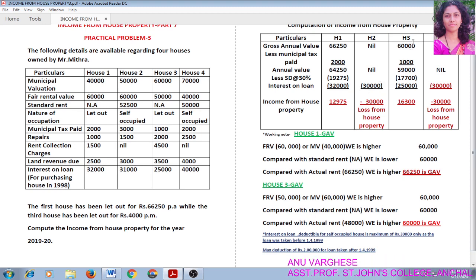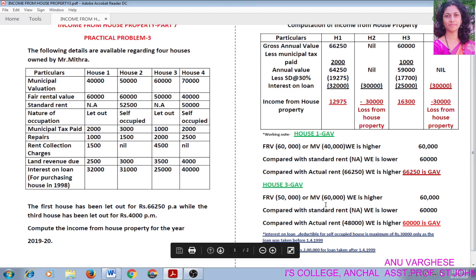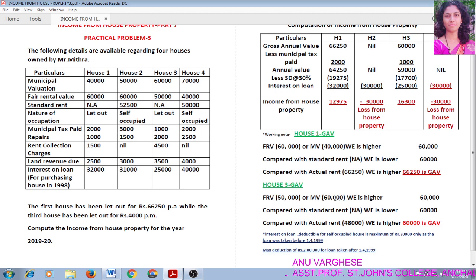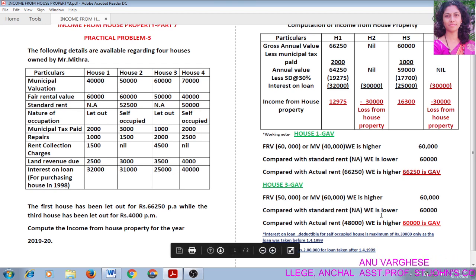Okay, now house number 3. First thing you have to write is gross annual value. Again you have to write the working note for computing gross annual value. For that you have to compare fair rental value with municipal value, whichever is higher, 50,000 or 60,000. 60,000 is higher. That figure you have to compare with the standard rent, that is not applicable, whichever is lower. So again 60,000.